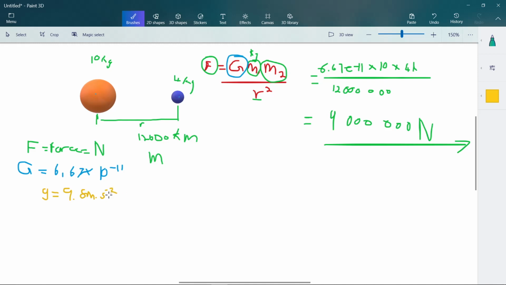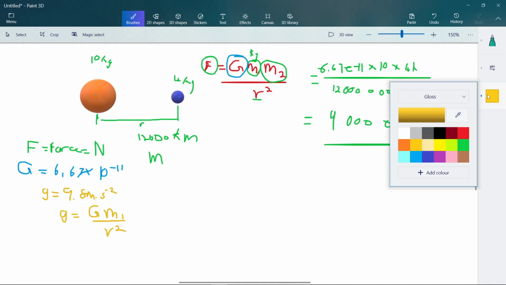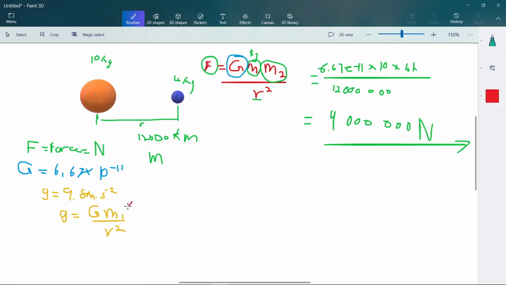So g is actually equal to G multiplied by M1 over r squared. This M1 is just the mass of that planet, and then G is the gravitational constant, and then r is the distance from the center of the planet. Emphasis on the center, okay? So from the center of the planet to the center of the object.